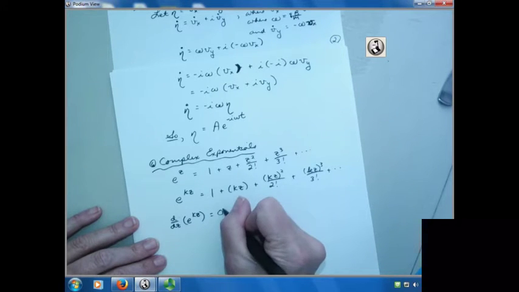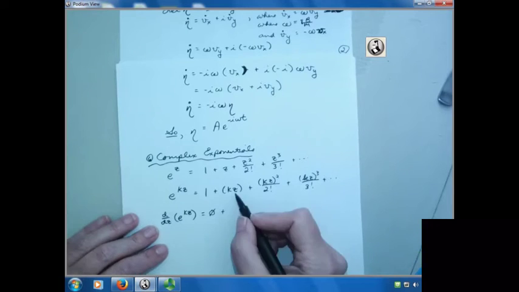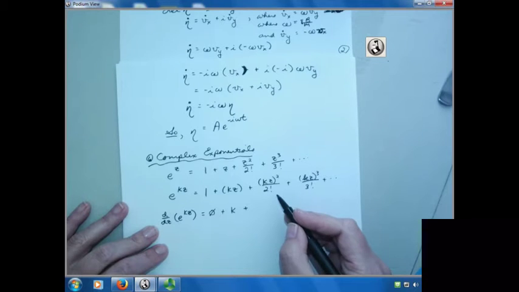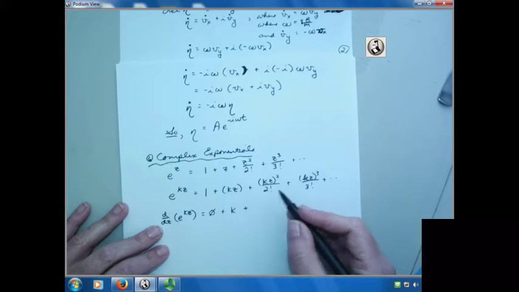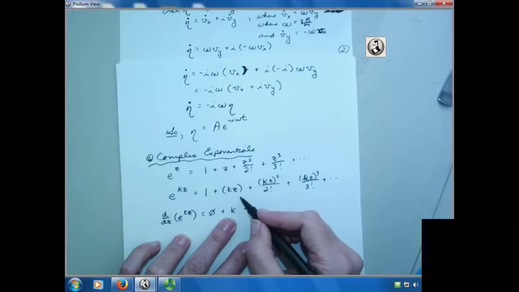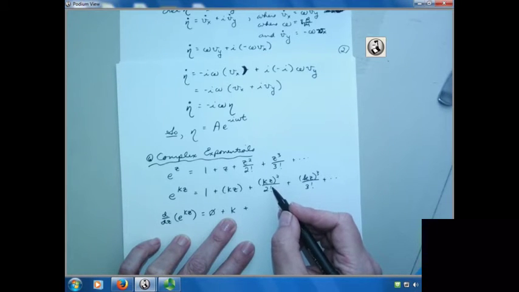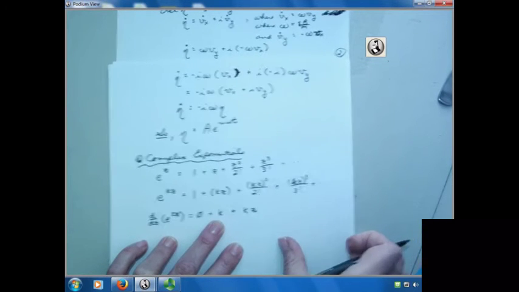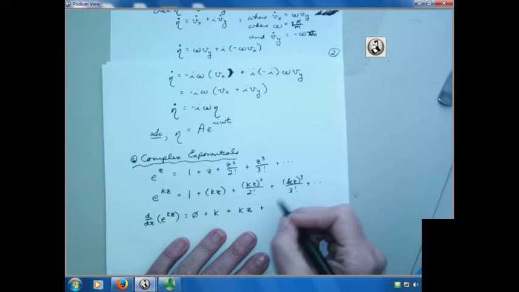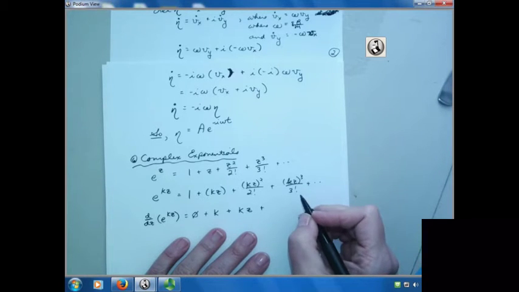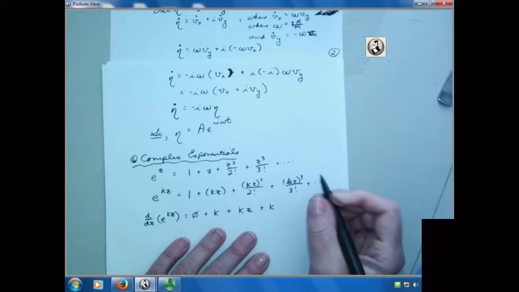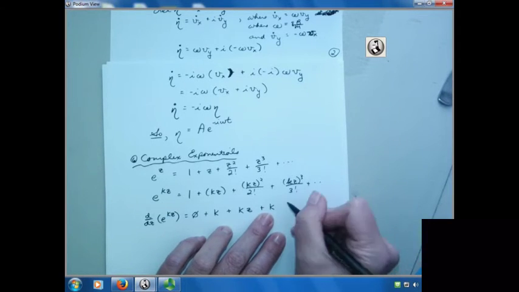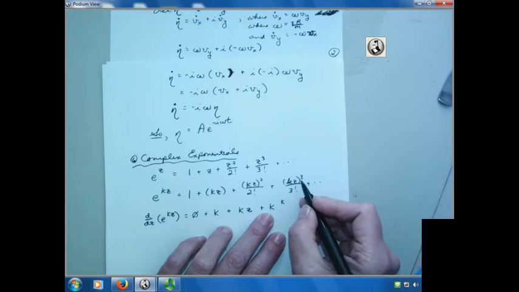I'll have 0 plus k plus k times, let's see, 2z over 2 factorial, so that would just be k times z, plus k squared times 3z squared over 3 factorial.